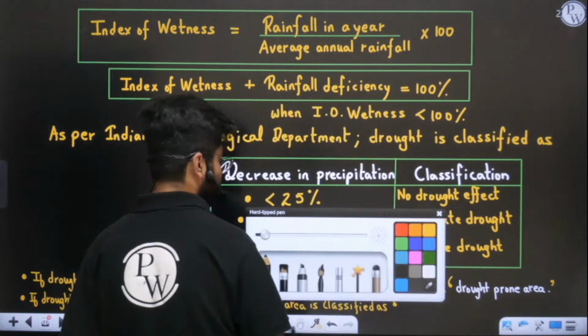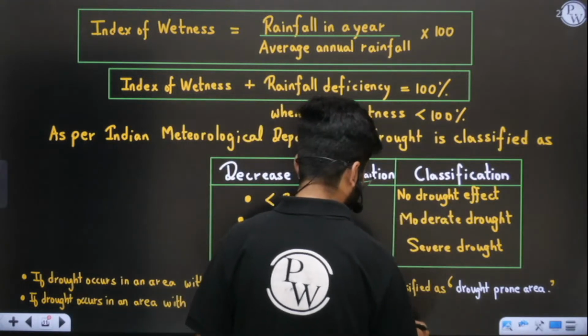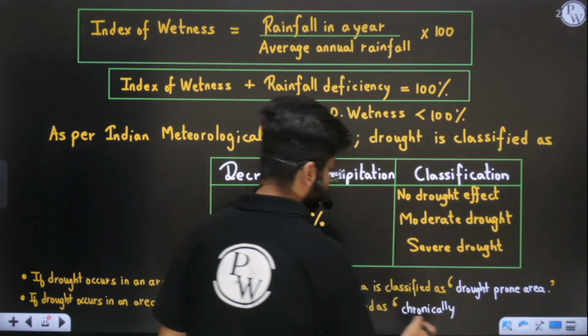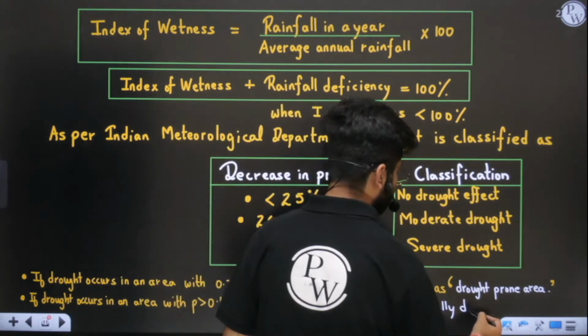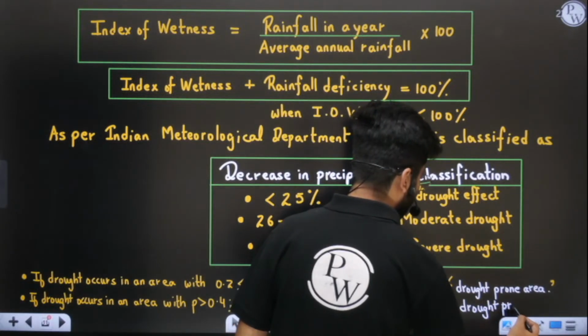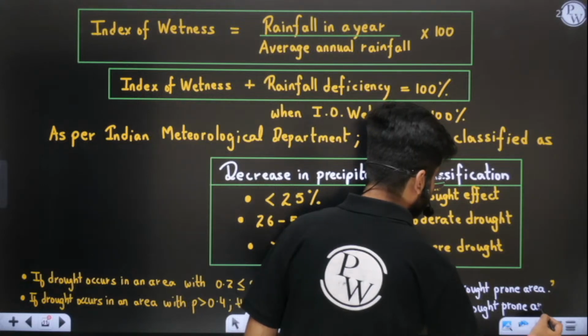Chronic, severe, you can say severe problem is there. Chronically drought prone area.